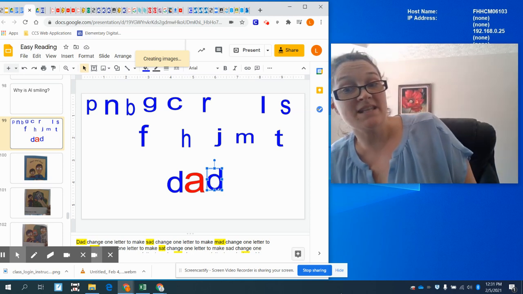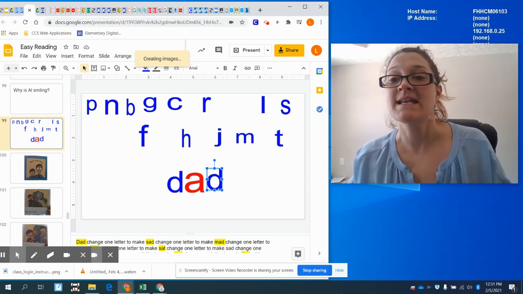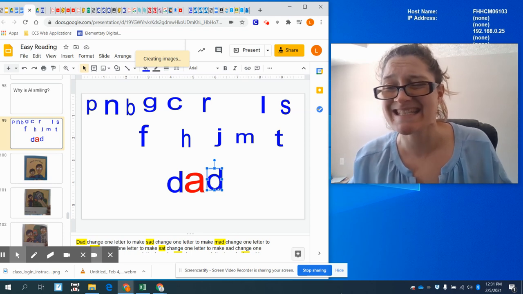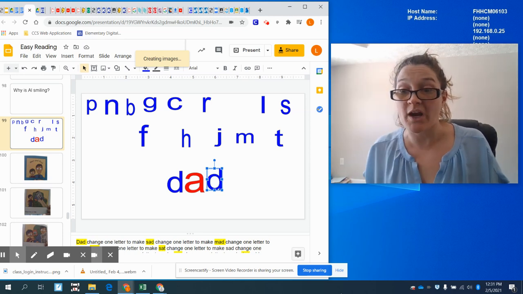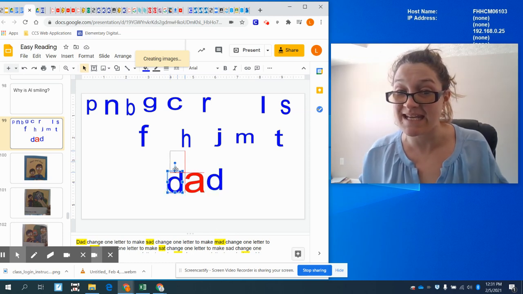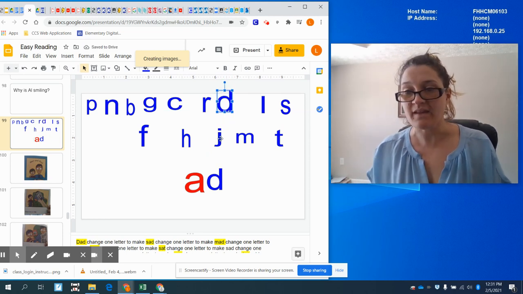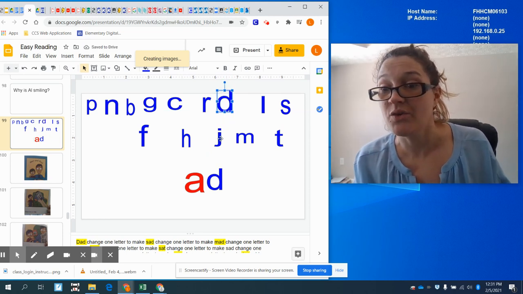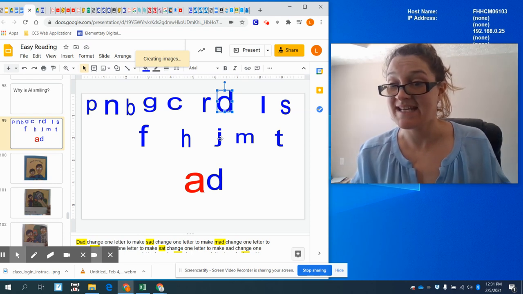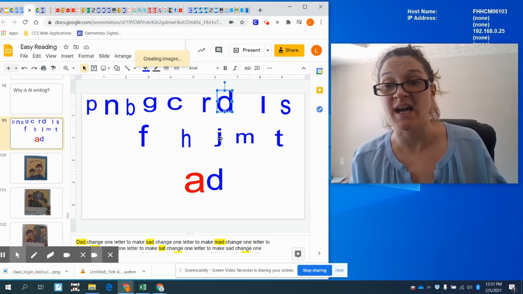Great, you should have picked that it's the first sound, right? In dad, the first sound is D. In sad, the first sound is S. So we're going to go ahead and get rid of the first D in dad. Now, pick the letter that you think needs to go in its place to make the word sad. Should I put a T?